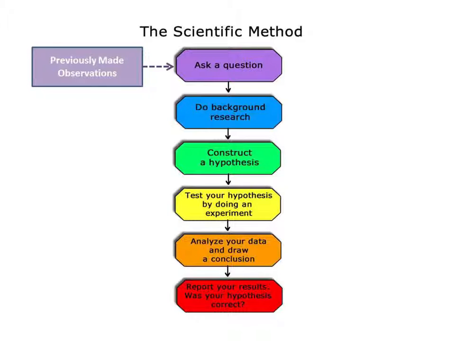Once you've done that, you're going to make your hypothesis and do experiments. The hypothesis and the experiments go together. You need to design an experimental plan or process so that you can test your hypothesis. So the experiment is designed to answer or prove or disprove your hypothesis.